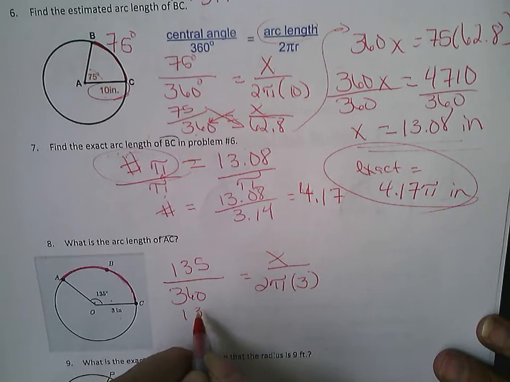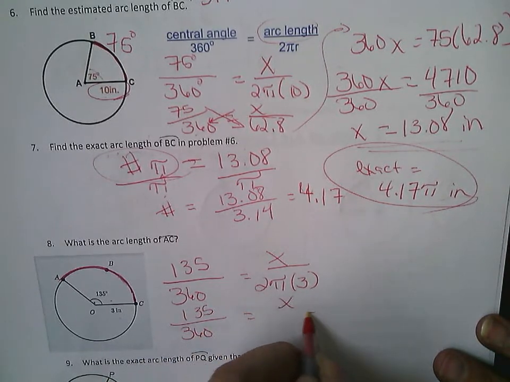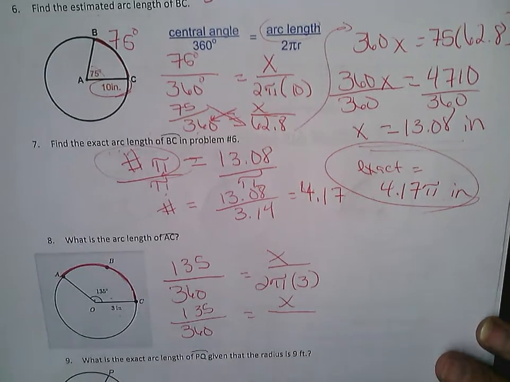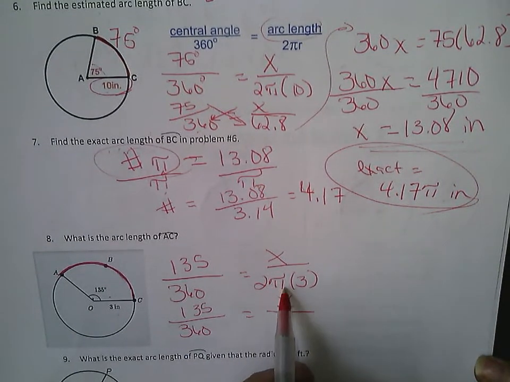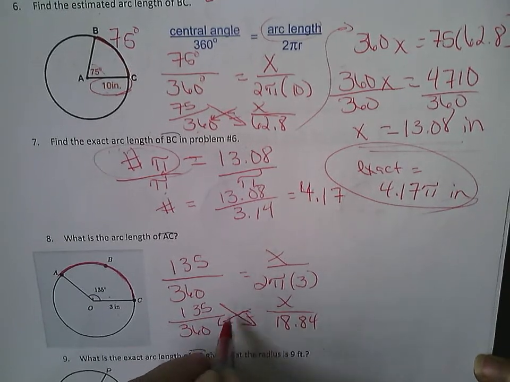So 135 divided by 360 is equal to x over 6 pi, and 6 times 3.14 gives us 18.84.